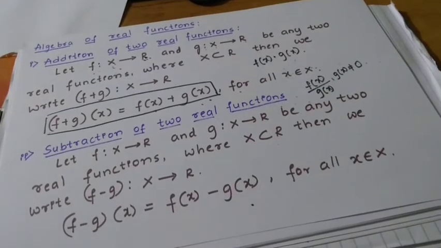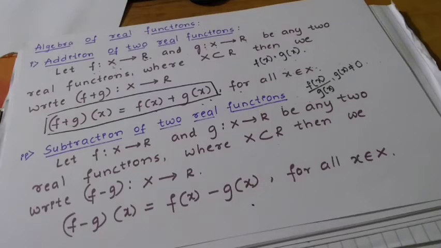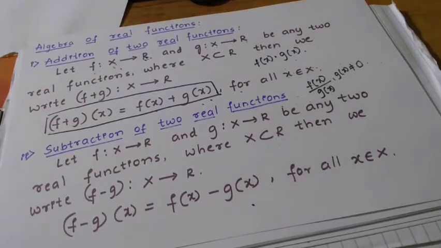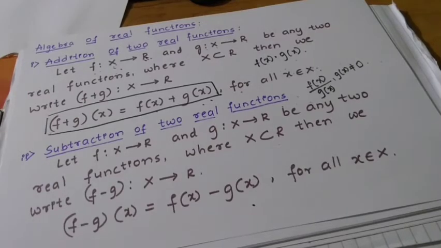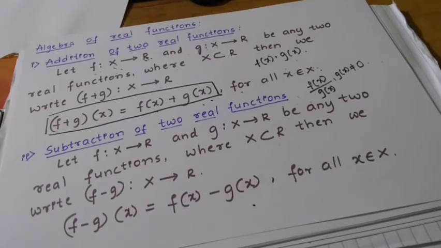So this is all the algebra of real valued functions. Okay, so what does it say? f is one function we are defining from X to R. g is one more function, we define it from X to R. f plus g of x is again defined from X to R, f of x plus g of x.